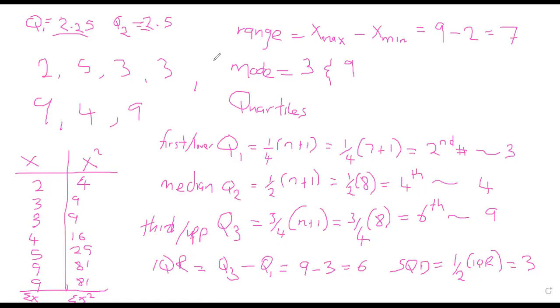If you had 7.5, you add the 7th and 8th and divide by 2, and that will be your median. Or 19.5, the 19th and the 20th. If your Q3 was 2.75, you round off to the nearest whole number, which is 3. That is how we do it in case you have a decimal point.